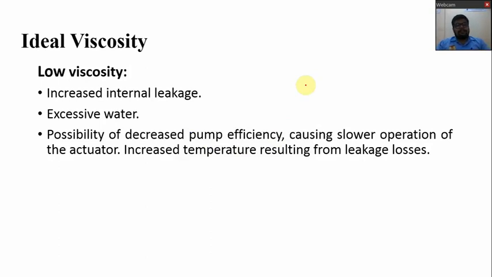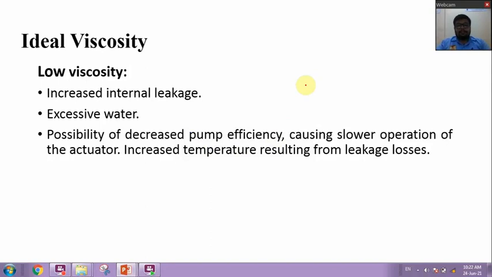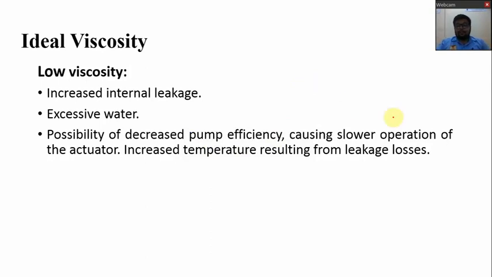Then excessive wear will be there. Then possibility of decreased pump efficiency, causing slower operation of the actuator, and increased temperature resulting from the leakage losses. So these are the disadvantages of the low viscosity fluid.